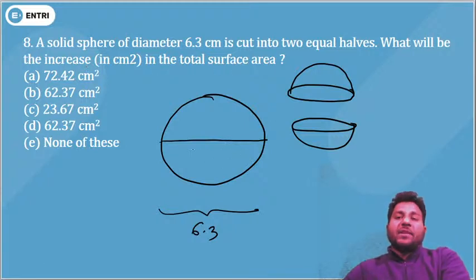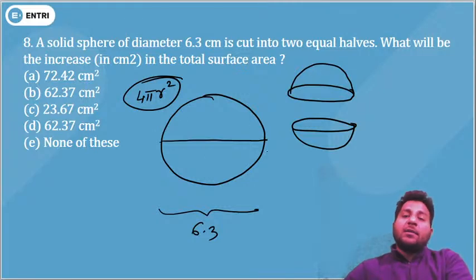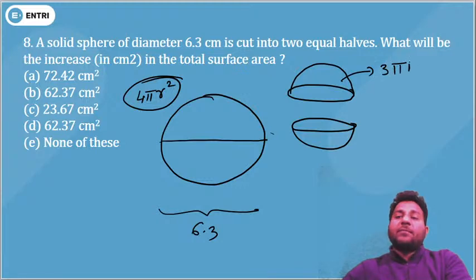Look, the total surface area is 4 pi r square for the whole sphere. But what will happen when you cut it into two equal parts? Then each part's total surface area will be 3 pi r square.